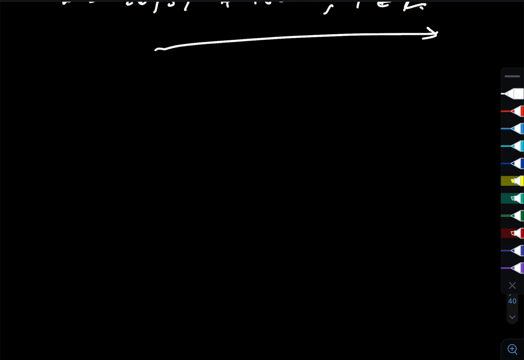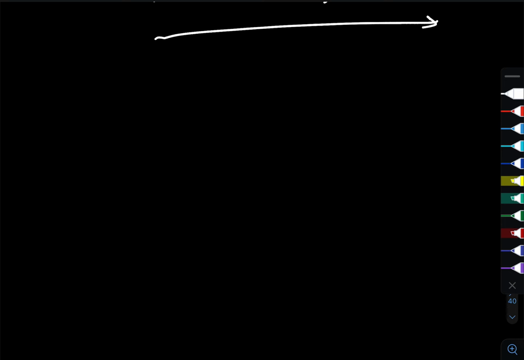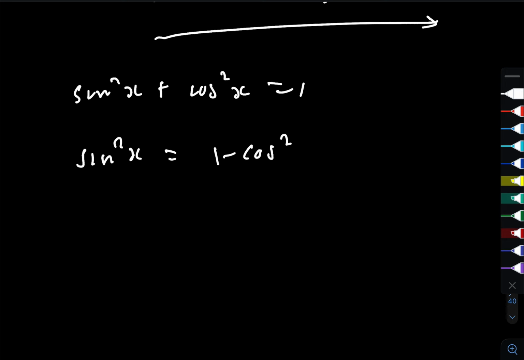Now next, I'm going to take a look at the one that involves using square identities. Remember, our square identities are sine squared x plus cosine squared x equals 1. And if you solve for either sine squared x or cosine squared x, we have sine squared x equals 1 minus cosine squared x. And cosine squared x therefore equals 1 minus sine squared x.